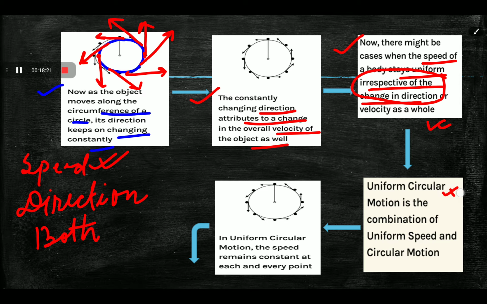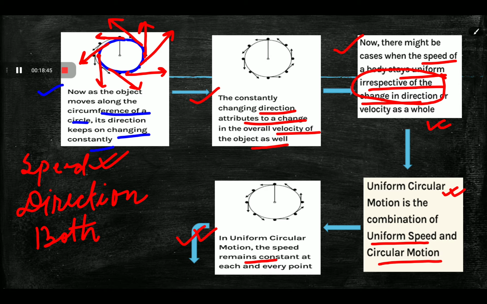Uniform circular motion is the combination of uniform speed with circular motion. When the object moves along the circumference of the circle with uniform speed, then we say uniform circular motion. In uniform circular motion, the speed remains constant at each and every point.